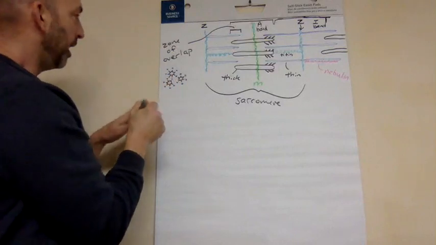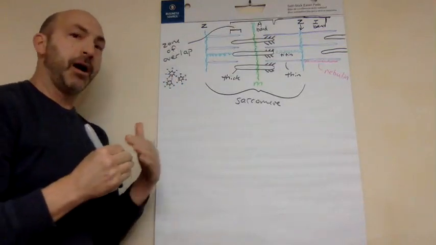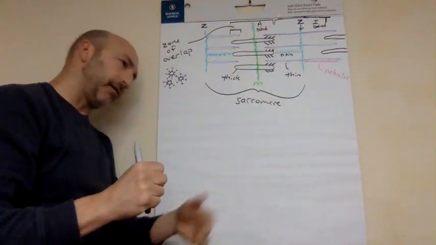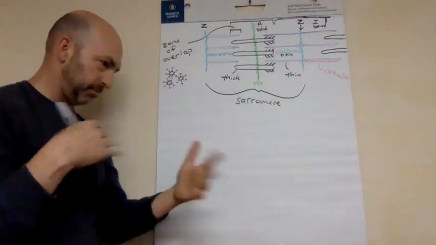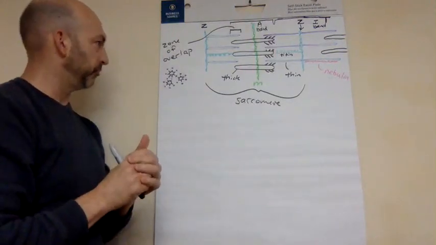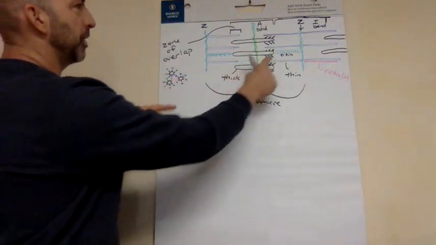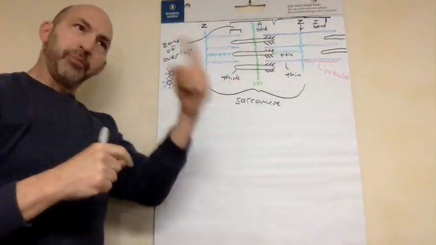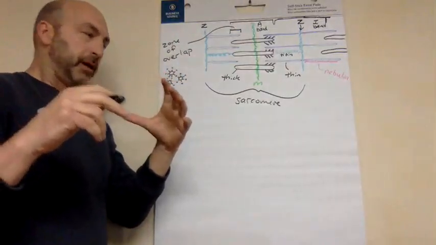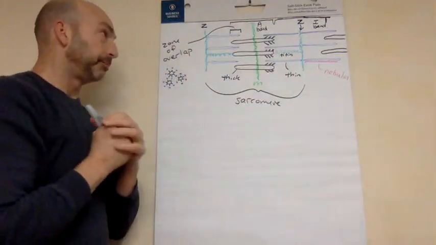And again, they will only do that upon stimulation, which is really a calcium release and an action potential in the skeletal muscle fiber. But in that way, the thick filaments are surrounded by these thin filaments and can pull on all of them all the way around it to shorten the sarcomere overall.